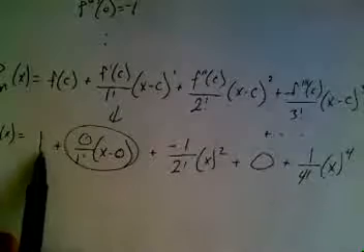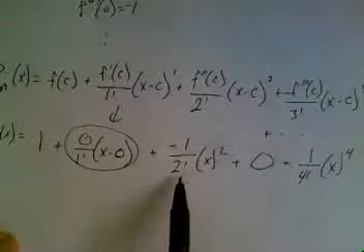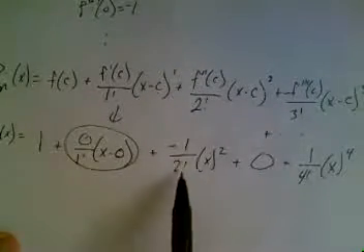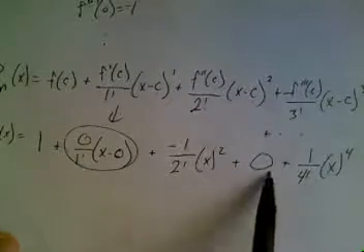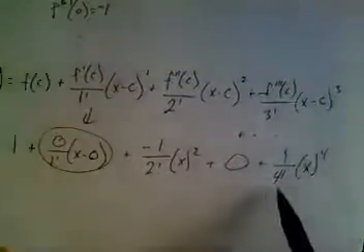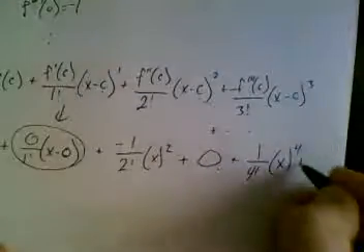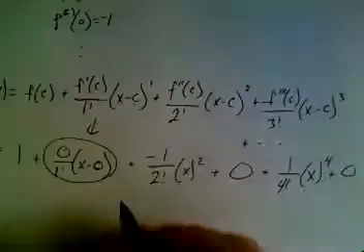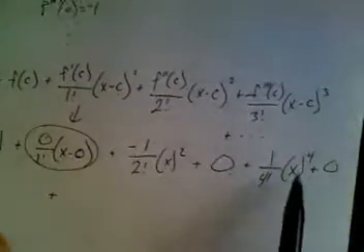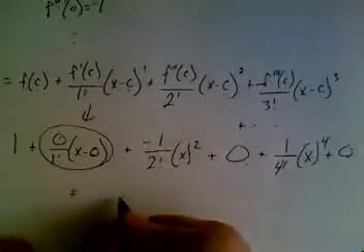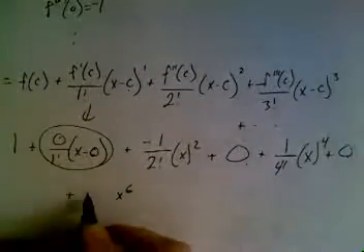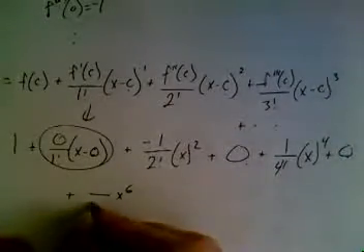So I have 1 plus 0 plus negative 1 over 2 factorial x squared, plus 0, plus positive 1 over 4 factorial x to the fourth, plus 0, plus the next one will be, now it's fourth, fifth, this should be x to the sixth. On the bottom should be the 6 factorial.